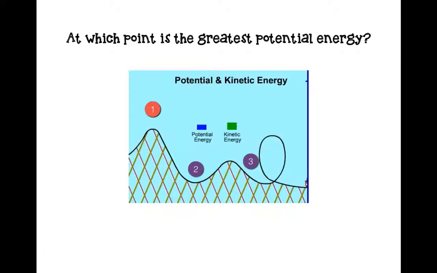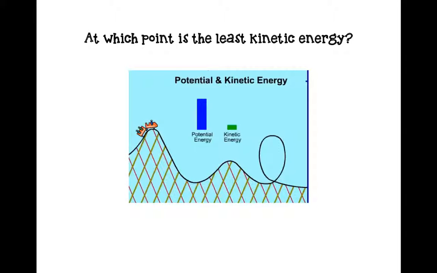If you said that location 1 had the greatest potential energy, then you're correct. If you take a look at the hills and loops that the roller coaster moves through, notice that the hill at location 1 is the highest. Therefore, it will possess the greatest potential energy.